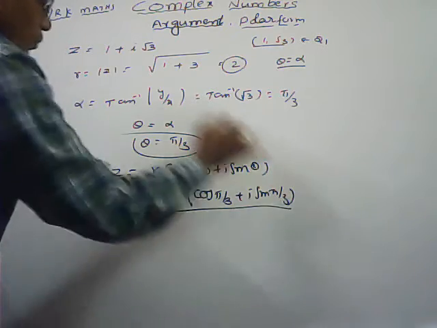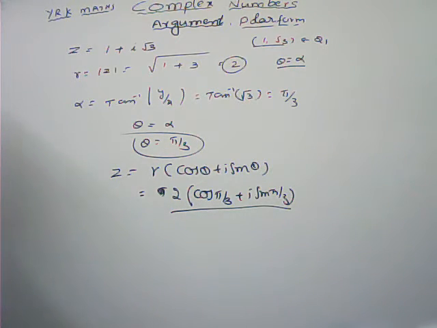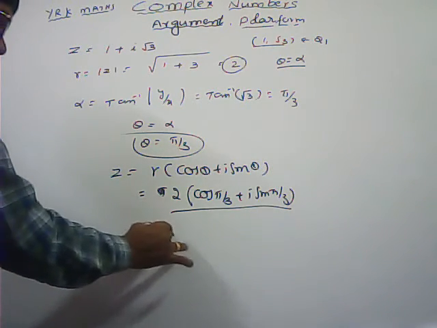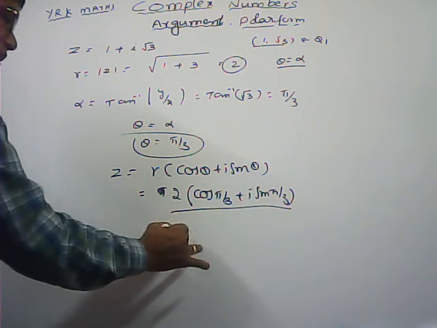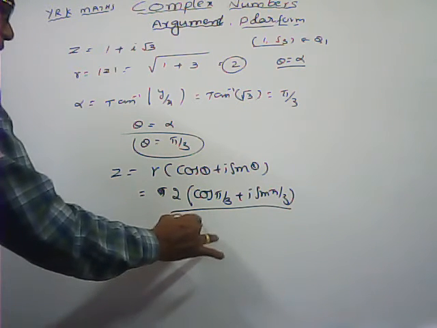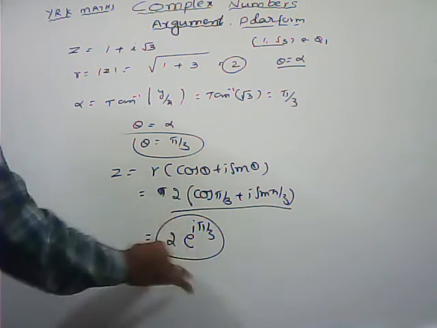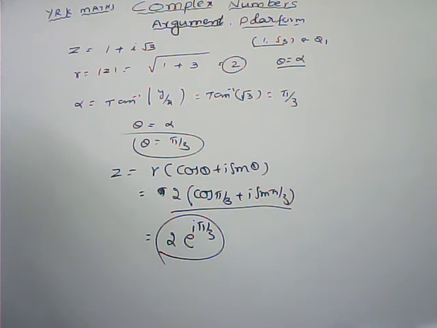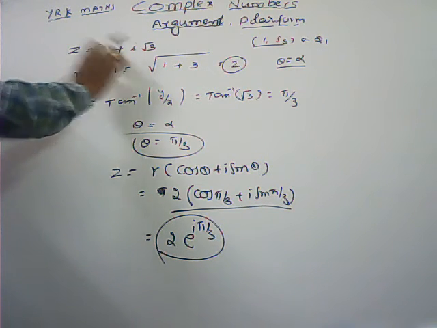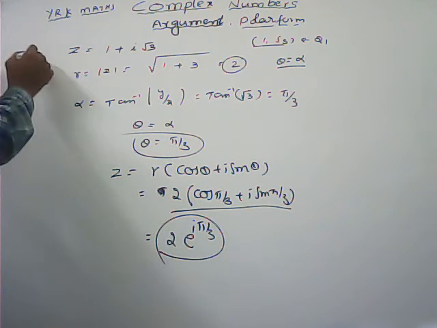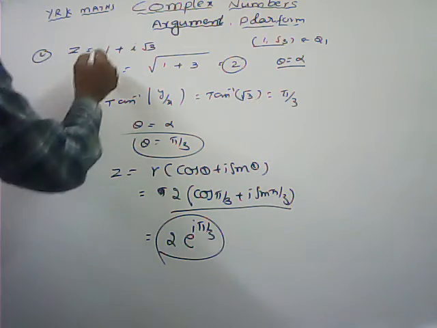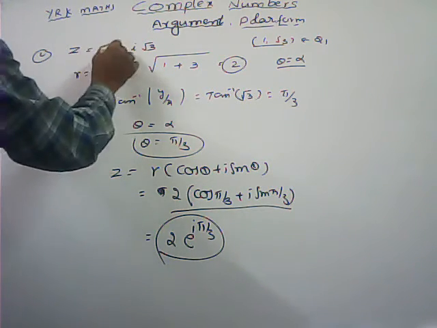This is the polar form. If I want to write the Euler form, 2 into cos theta plus i sin theta, we can write e power i theta, where theta is pi by 3. Next, this was plus, plus. Next I am taking the second one, minus, plus.